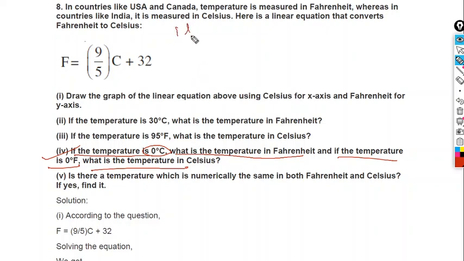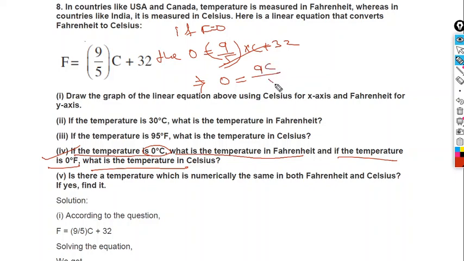So if F equal to 0, then 0 equal to 9 by 5 into C plus 32, implies 0 equal to 9C by 5 plus 32. Now keep 9C by 5 here and transpose 32 to the left-hand side.